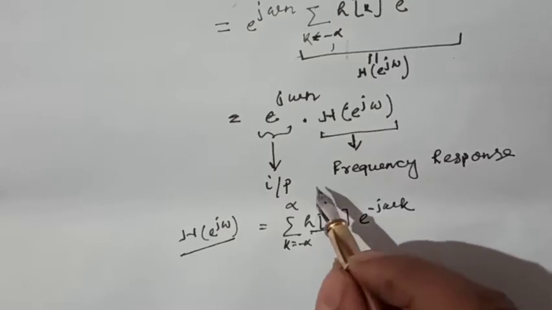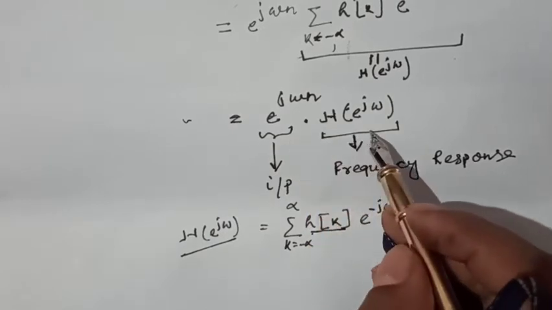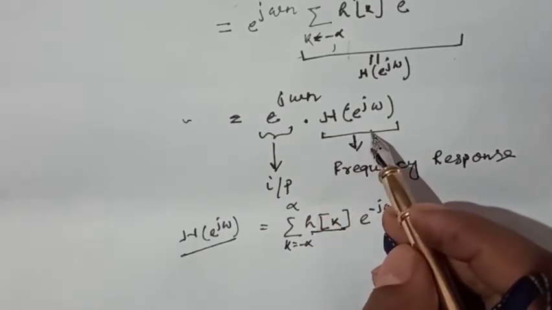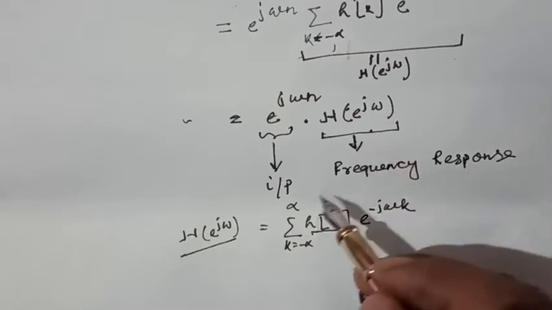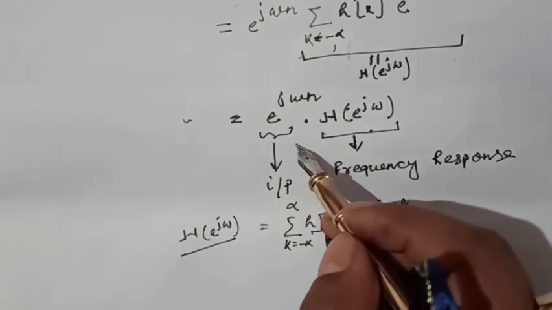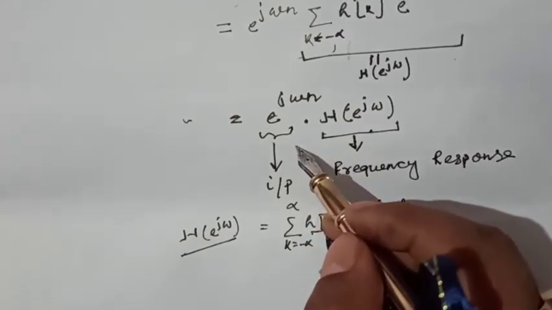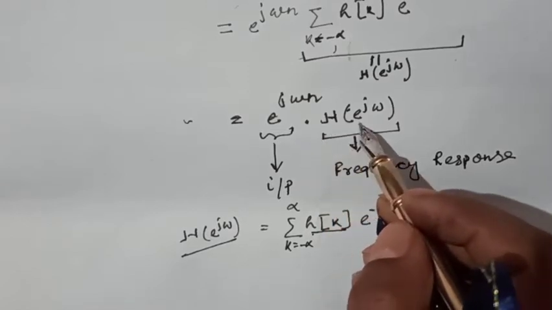We can see from this that y of n is equal to e to the power j omega n times H of e to the power j omega. So for an input x of n equal to e to the power j omega n, the output of this LTI discrete time system is also an exponential signal, the same signal, but multiplied by a factor H of e to the power j omega.